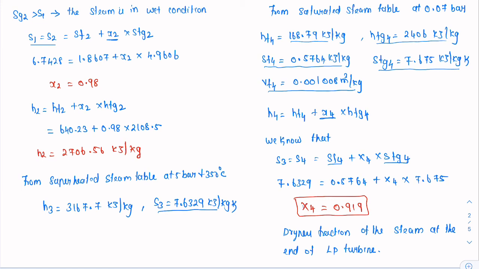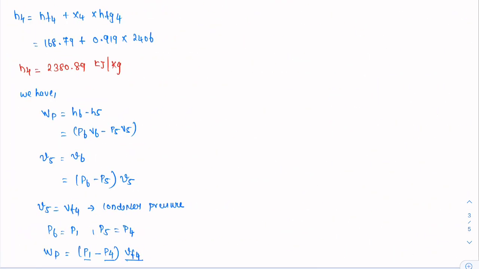By substituting all these values, you can calculate the work done to the feed pump, which is nothing but P1 equal to 30 bar, written in Newton per meter square as 30 into 10 to the power of 5, minus 0.075 bar, that is 0.075 into 10 to the power of 5 Newton per meter square, into the volume Vf4 equal to 0.001008.